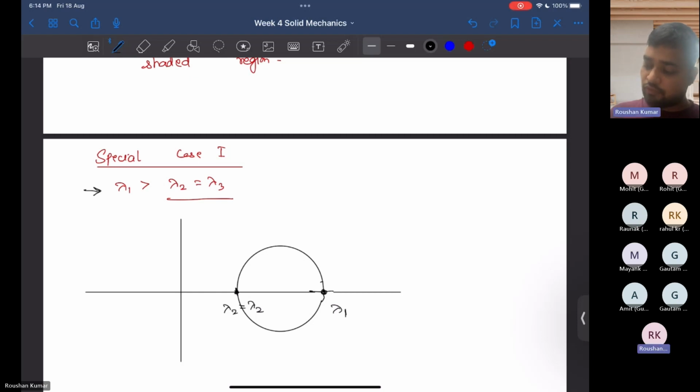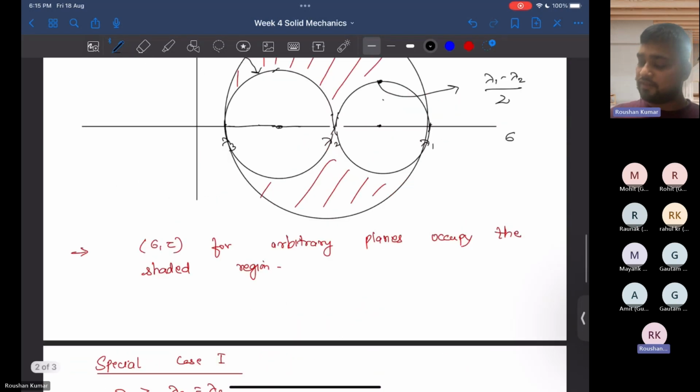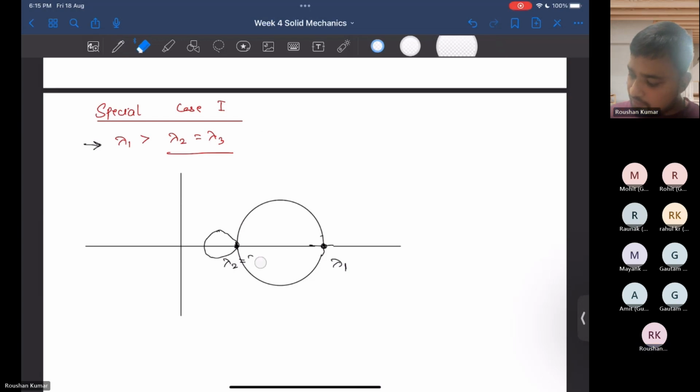Here also you can see that there is a shaded region. So in this case, what can we say about the shaded region? Suppose there is some lambda2 value which is not equal to lambda3, then it has some shaded region.